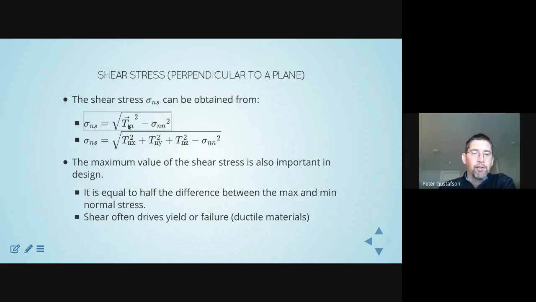The traction squared minus the normal component squared, under the square root sign, gives us the magnitude of the shear component. So mathematically, sigma ns is equal to the square root of Tnx squared plus Tny squared plus Tnz squared, which is the magnitude of the traction squared, minus the normal component squared.